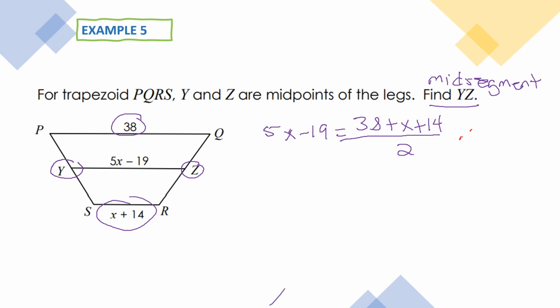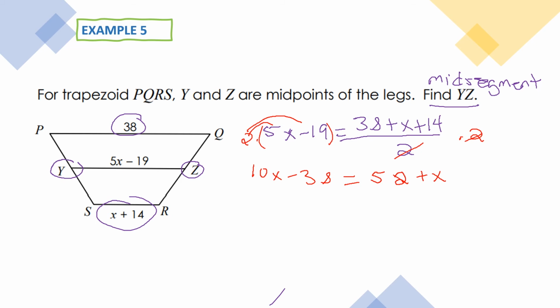Multiply both sides by 2. I'm left with 10x minus 38, using the distributive property. Combining like terms, 38 plus 14 will give me 52 plus x.